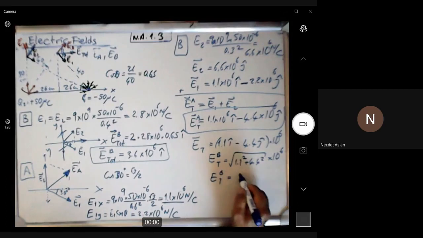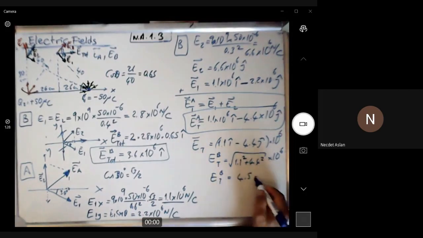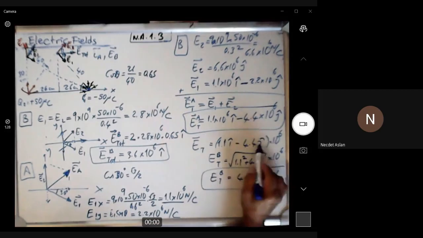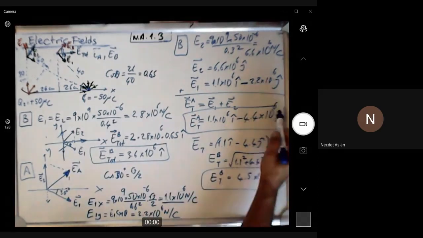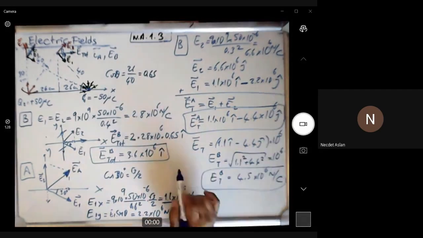So the result is 4.5 times 10 to the 6 Newton per coulomb. Now I'm writing the unit because it's not a vector. But when you write the vectors, you don't put any unit. Don't forget, this is something that we do in physics.